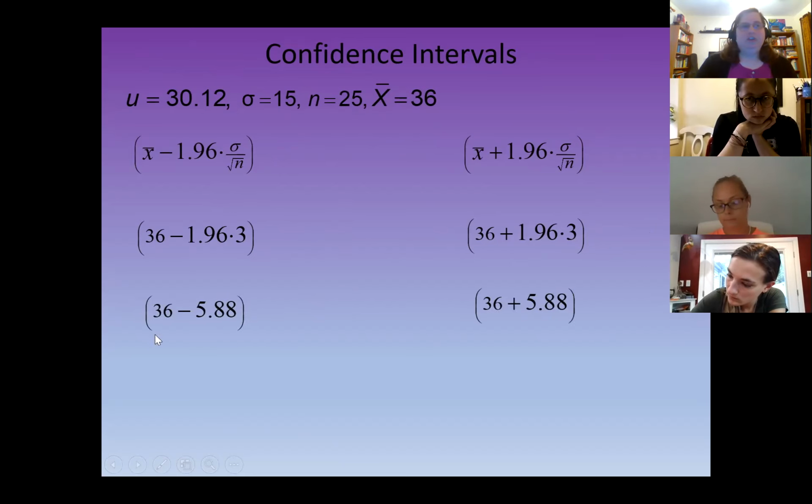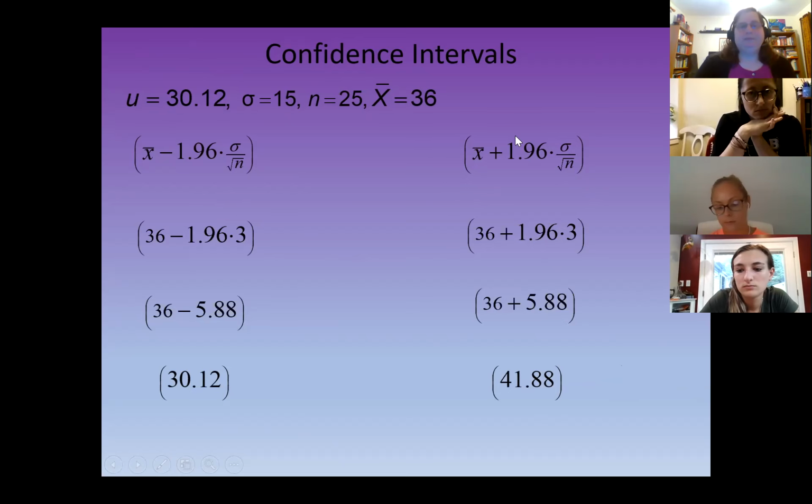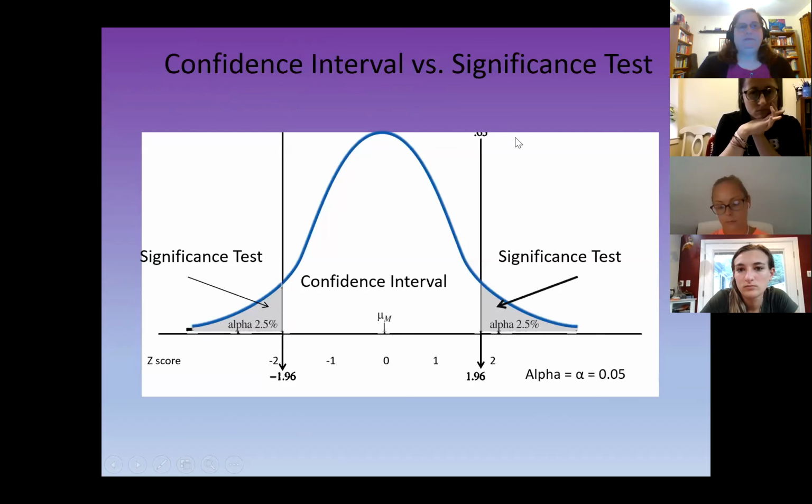And then we would either take 36 minus 5.88 or 36 plus 5.88, getting a confidence interval from 30.12 to 41.88. So far, I've gone ahead and filled in all of these little numbers from what was in the problem, to get that confidence interval. Okay.